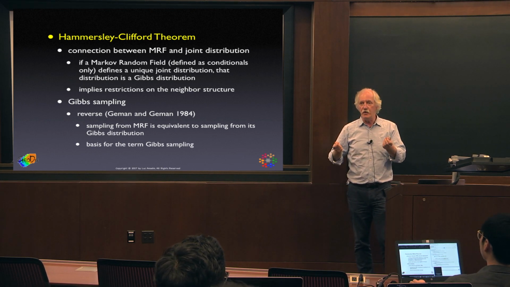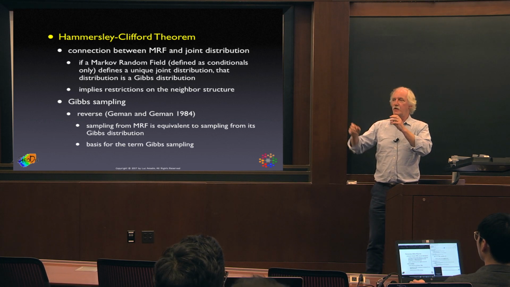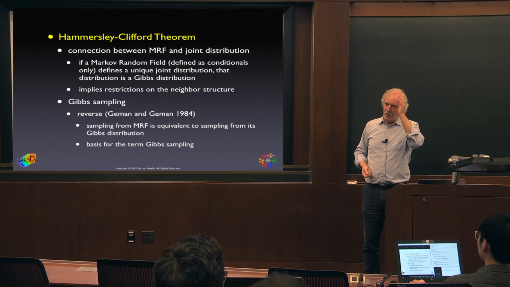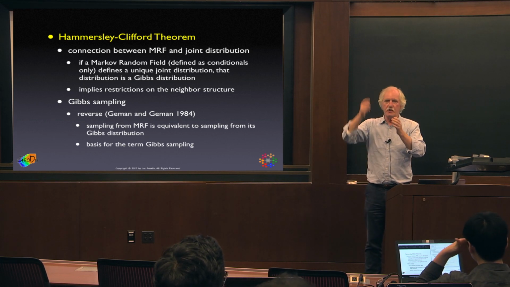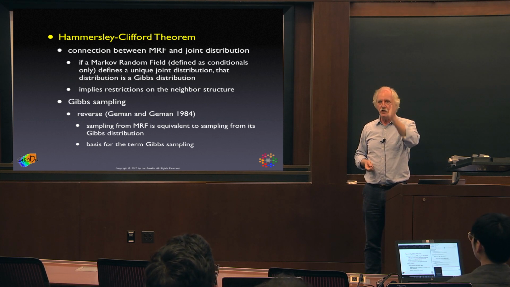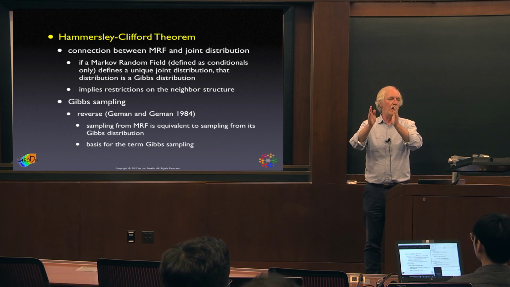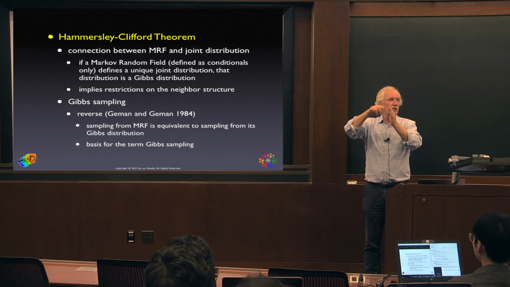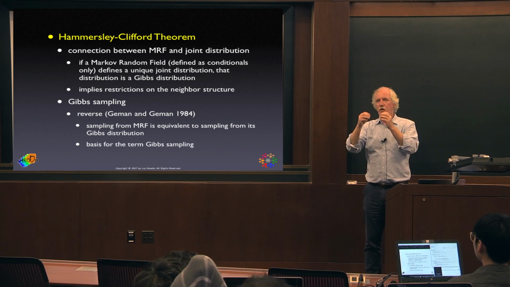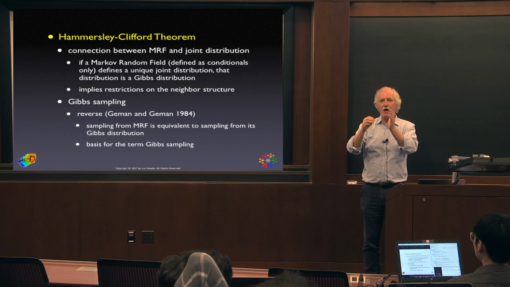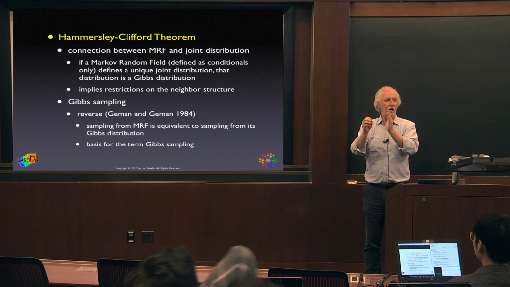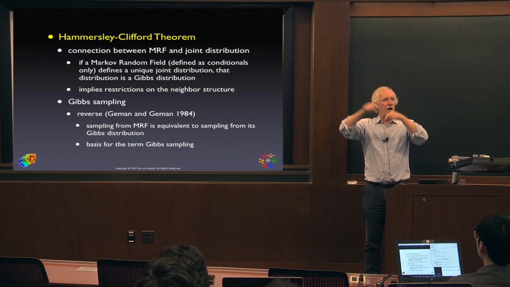So how do you do this? Given this variance, you sample, say, y2. You start with something for y1, random. Then you sample y2 given y1 from that distribution. Then you plug y2 into the next one and sample y1 given y2. And then you keep doing this and flipping them back and forth.